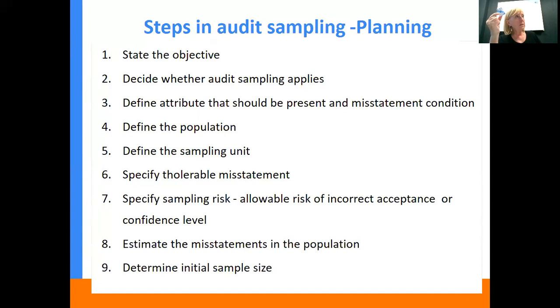So audit sampling does apply, because if I had a container load of these boxes, I want to be sure that the manufacturer isn't cheating me. They've sold me this great big container load of staples. I want to know that I've actually got 100 staples in each box. So what's my population?